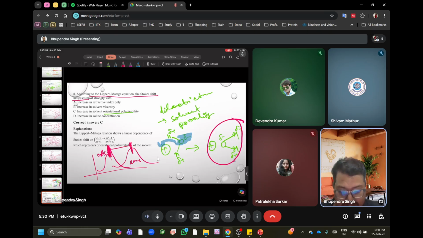Maxima, maxima, this is intensity. I hope you are getting this. So with increase in the solvent polarity, according to the Lippert-Mataga equation, the Stokes shift increases most strongly with the increase in the solvent orientational polarizability. Option C.